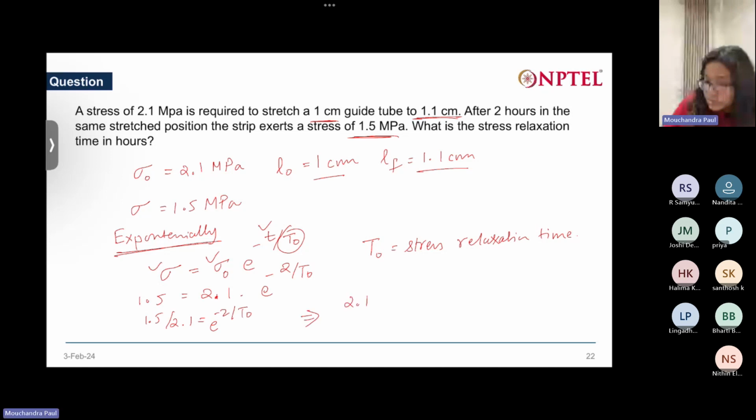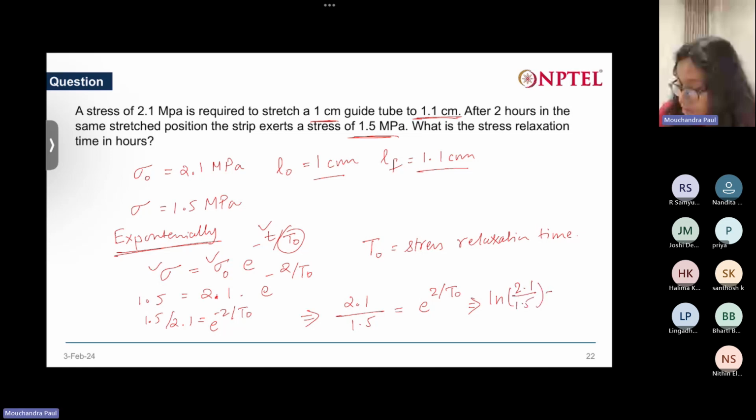To remove the negative sign in the exponent and to make our life easier, I have done this particular step. I hope you guys are able to understand. Then to remove the exponent e, we will take ln, logarithm with base e, to make it in a linear form. Let me go to the next slide.